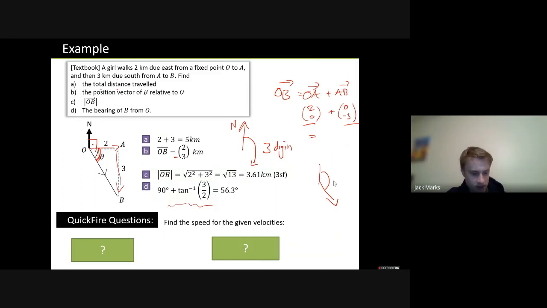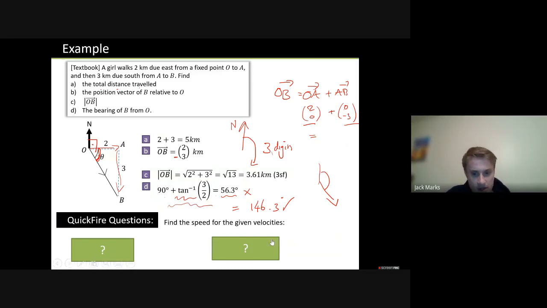So inverse tan of 3 over 2 plus, yes, so this bit here is this bit here, but for some reason they've forgotten to add the 90. Okay, so it should be 146.3 degrees. Okay, so just a note there about 2 inaccuracies in the question, I'm afraid.